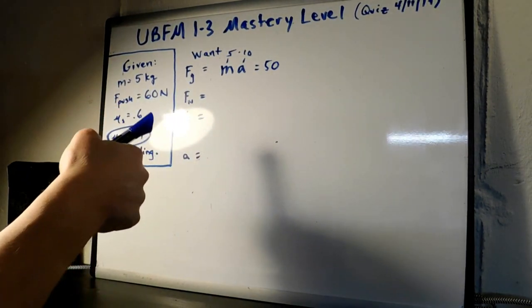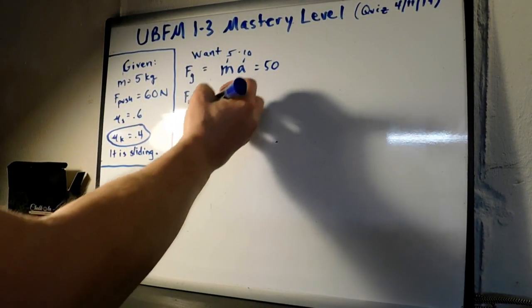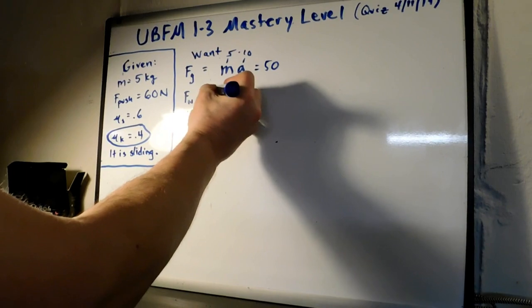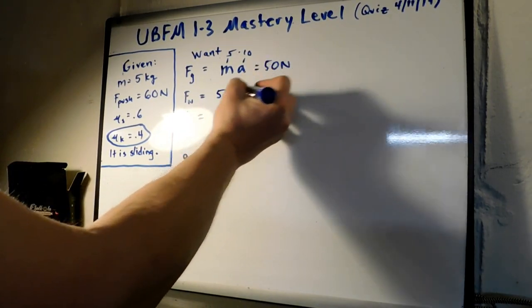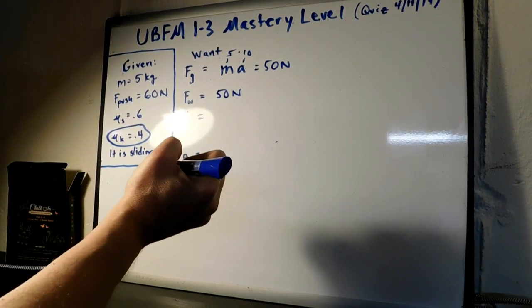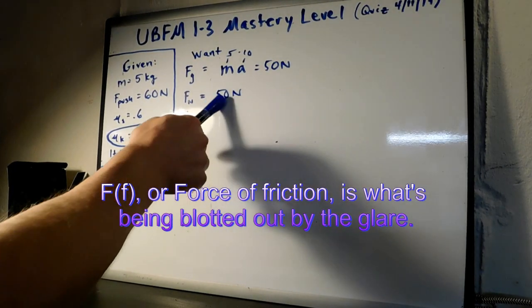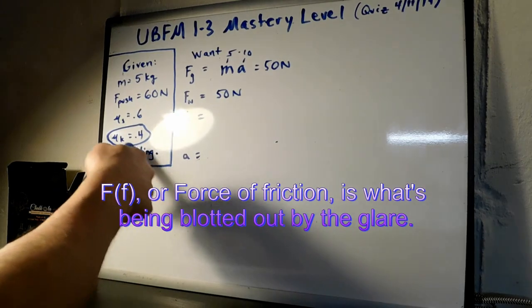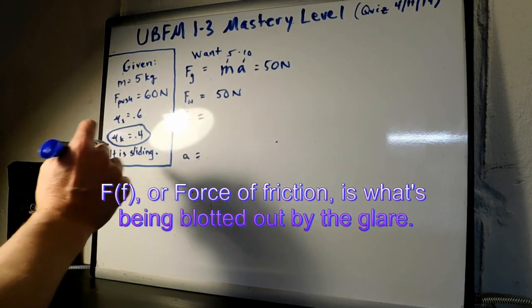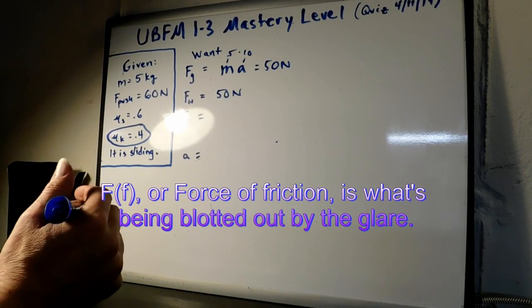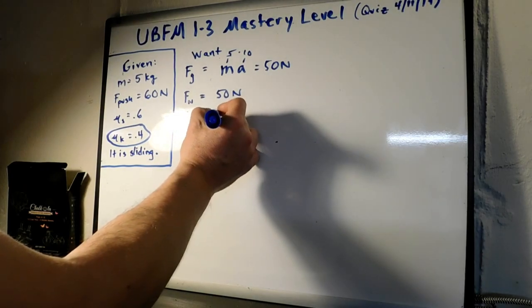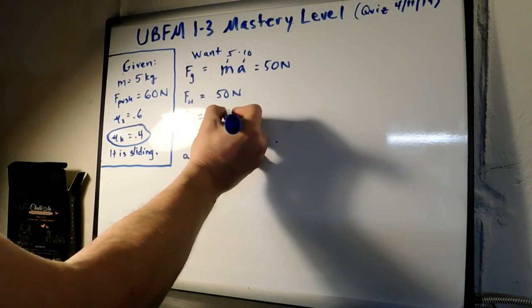The box is not falling or rising, so the normal force is the same thing, also 50. Let's use our units: 50 newtons in each case. The force of friction is the normal force, 50, times the coefficient of kinetic friction, and 50 times 0.4 equals 20 newtons.